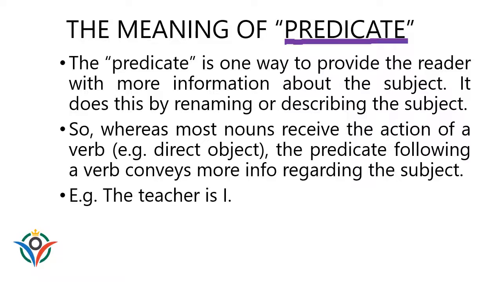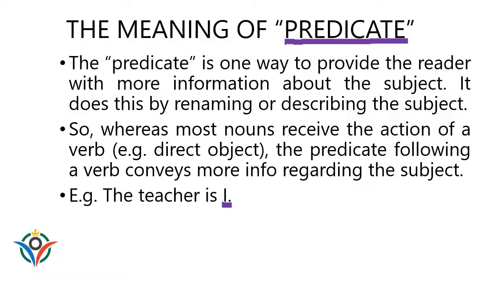So take a look at this example. It says the teacher is I. The pronoun I is not receiving the action of the verb. Rather, it is telling us something about the subject. So in grammarian's terminology, the pronoun I is predicating something about the subject.